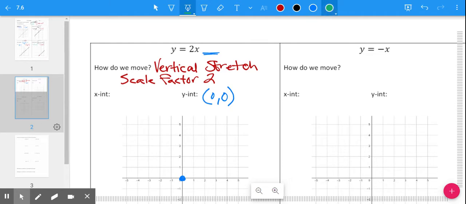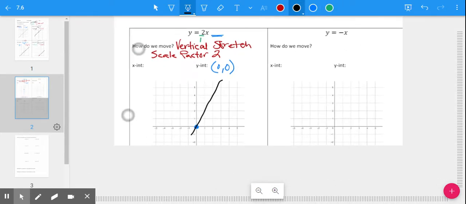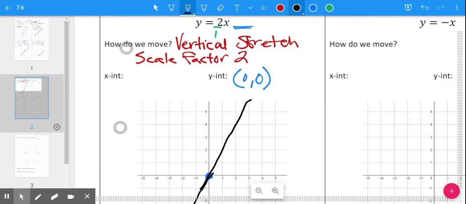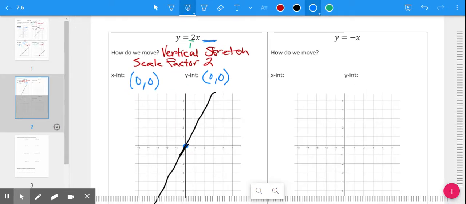But now we have this slope of 2 over 1. So we're going to rise 2, run 1, because it makes our line twice as steep. And you can draw your line from there. So because this didn't shift our line left or right, the x-intercept is still the origin, just like the y-intercept. It just made our line stretch vertically, which made it twice as steep because of the coefficient 2.